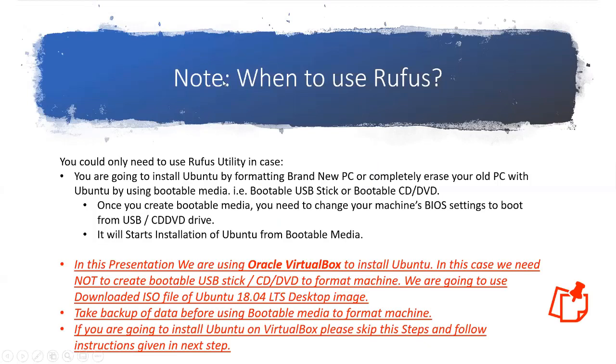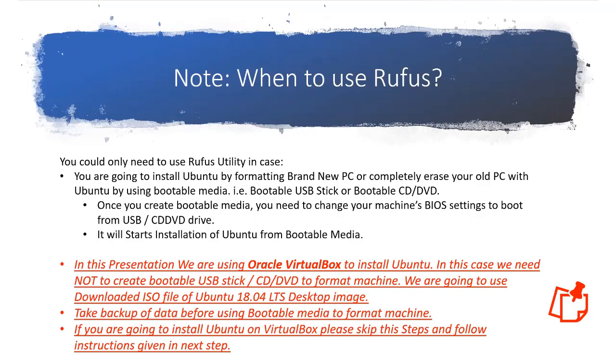Please note when to use Rufus. You only need Rufus in case you are going to install Ubuntu by formatting a brand new PC or completely erasing your old PC, using bootable media, that is a bootable USB stick or bootable CD/DVD. Once you create bootable media, you need to change your machine's BIOS setting to boot from USB or from the CD/DVD drive. It will start installing Ubuntu from the bootable media.